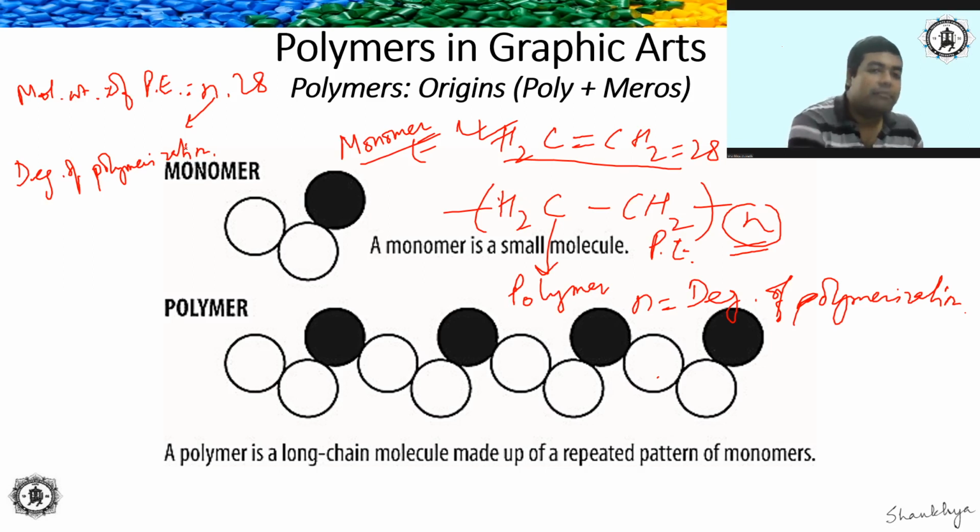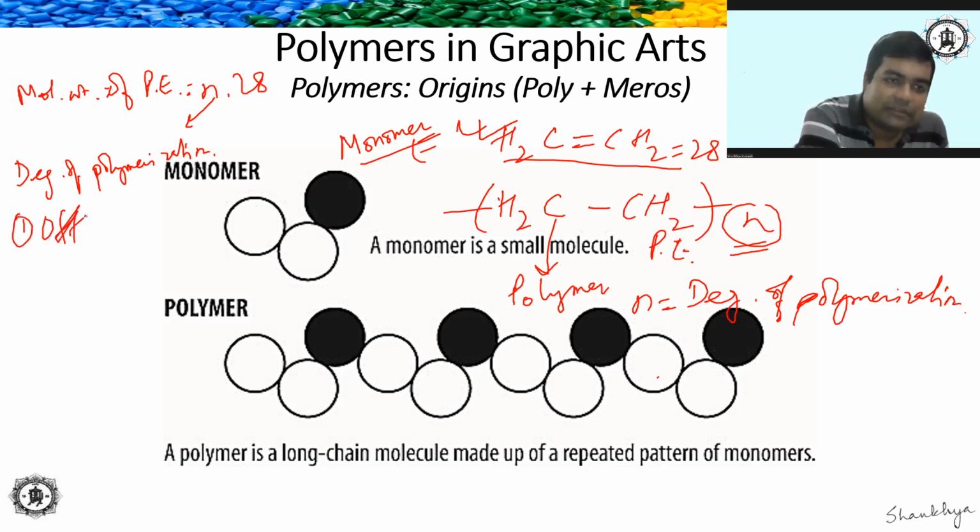For example, my small exercise for you to find out is I'm giving you some processes. In the offset process we use so many polymers in so many stages, not just during the printing operation, but even before it. So maybe during the plate preparation, maybe during the film preparation, maybe during the actual printing operation in the printing machine, maybe after printing, in post-printing operations.